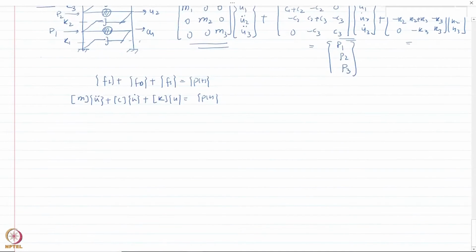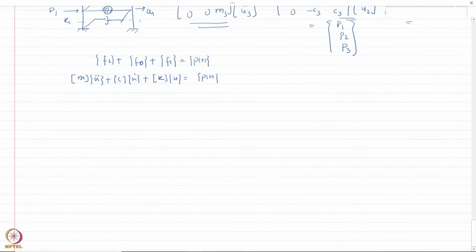In the influence coefficient method, we said that I am going to formulate the stiffness matrix by considering the unit displacement at any degree of freedom and then finding out the forces required to have that unit displacement maintained at that particular degree of freedom and zero displacement everywhere else.